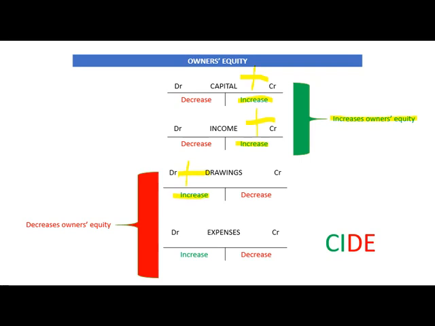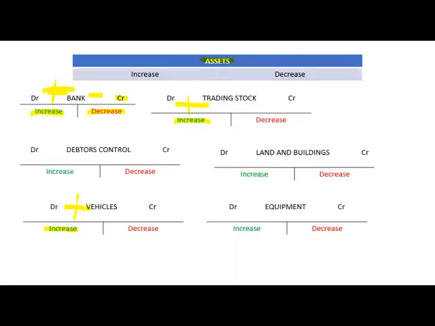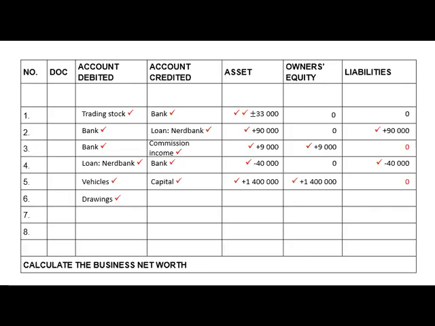What did the owner take? The owner took equipment. So what's happening to our equipment? Equipment falls under assets. It'll decrease. So it'll be minus. It decreases on the credit side. Okay. So we debit drawings and credit equipment. But equipment is an asset. A reduction of your asset will be a minus, and drawings is under owner's equity.